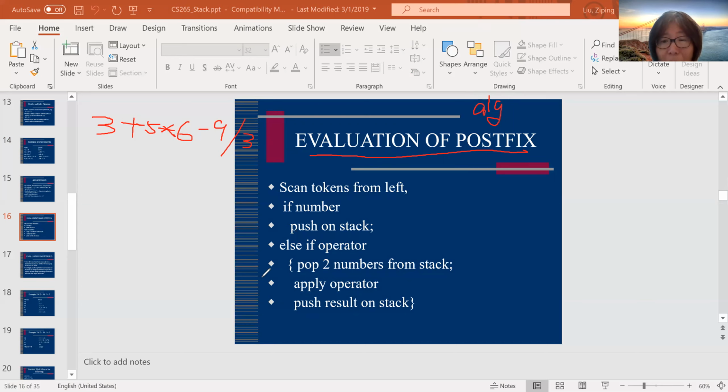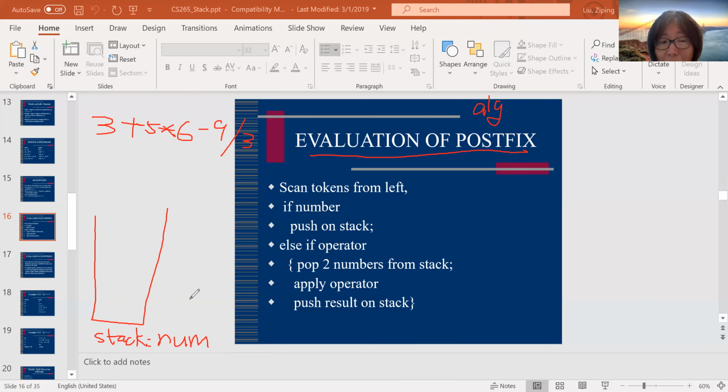Because over here we discuss a stack, we are going to have a stack, and in this case it is a number stack. So the type of the stack is number.